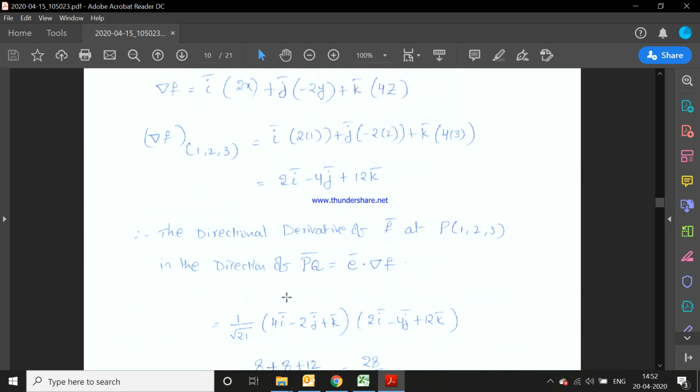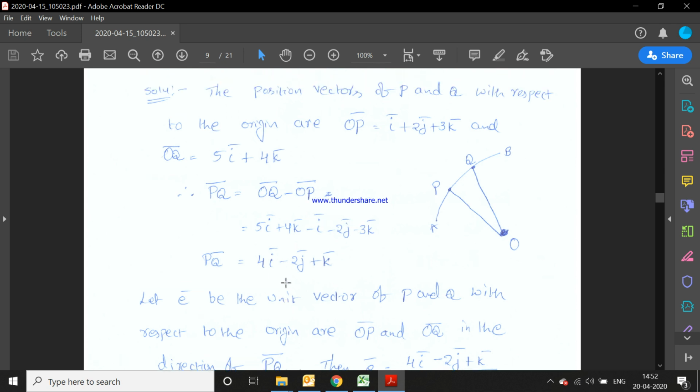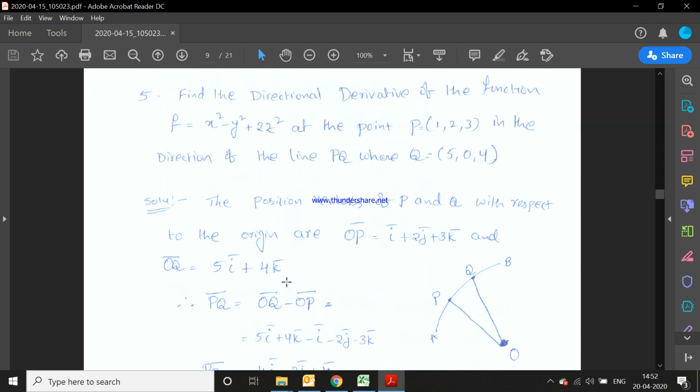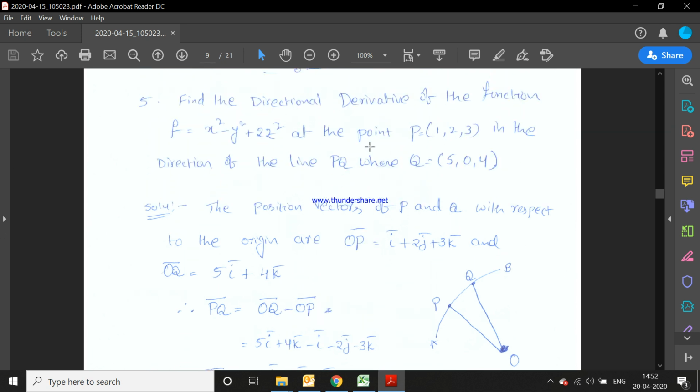Here is also a different kind of problem to find the directional derivative. They are asking to find the directional derivative in the direction of PQ, but they are giving the points P and Q. So we consider P and Q as position vectors OP and OQ, where O is the center of the given curve.